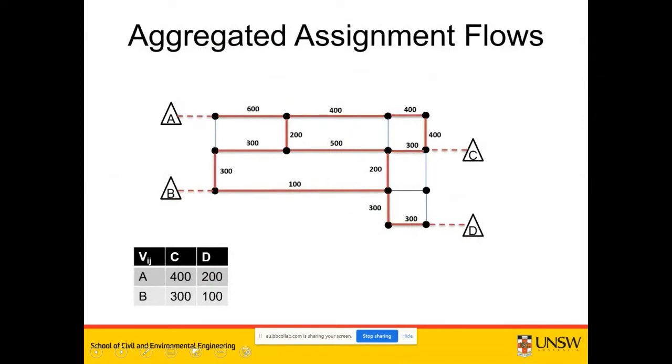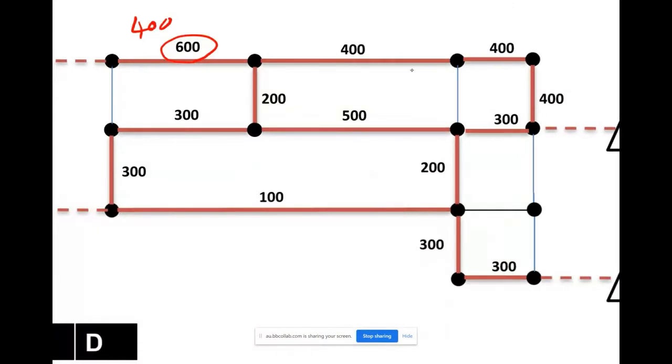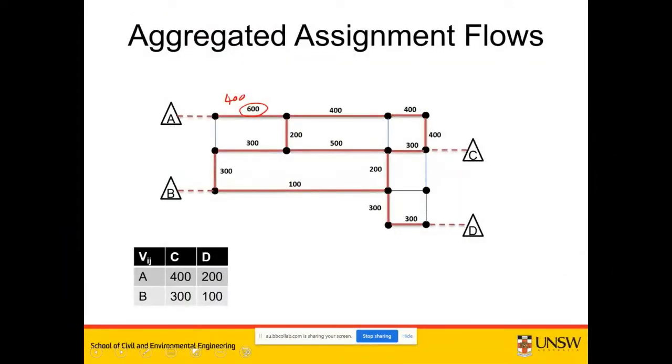So again, let's have a look. This 600 remains the same. I had 400 people going from A to C plus 200 going from A to D. I had only 400 here, so 400 remains the same. This is okay. This is okay.